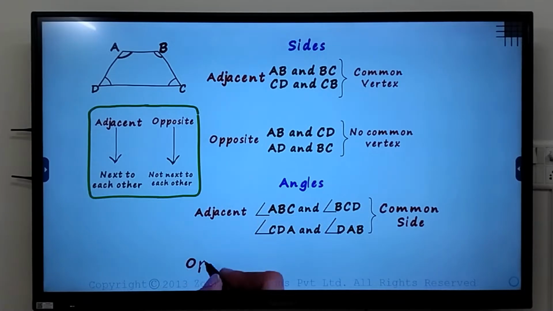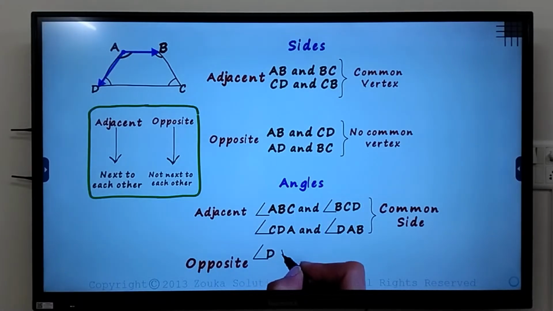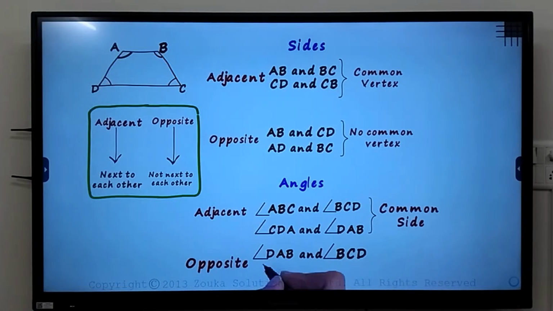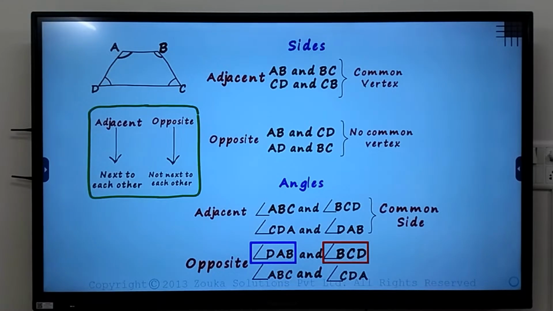So what about opposite angles? There are only two pairs of opposite angles. This pair and this one. Angle DAB and angle BCD is one pair, and angle ABC and angle CDA is another pair. Angle DAB and angle BCD are opposite to each other, and angle ABC and angle CDA are opposite to each other.